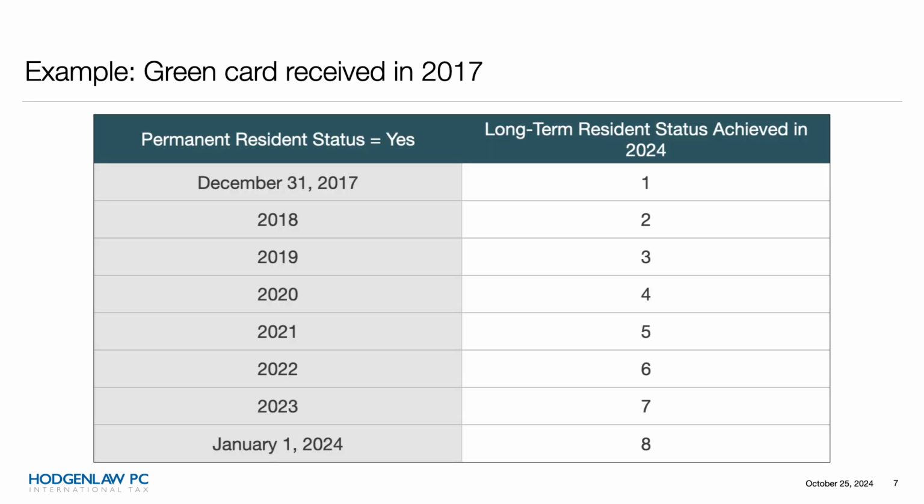For example, someone gets their green card on December 31st, 2017. That counts as 1 year. They hold their green card all these years, all the way through January 1st, 2024. In this example, you've got someone who had their green card for 6 years and 2 days, and in that time period, they were able to meet the 8-year test.